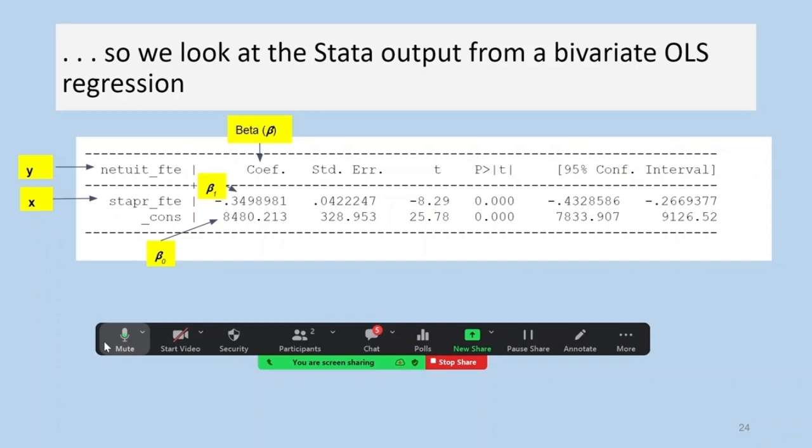This would be your x1, or x, your independent variable. This would be your y variable, your outcome variable. Typically, this is what you would see from a Stata output utilizing OLS regression with one independent variable.